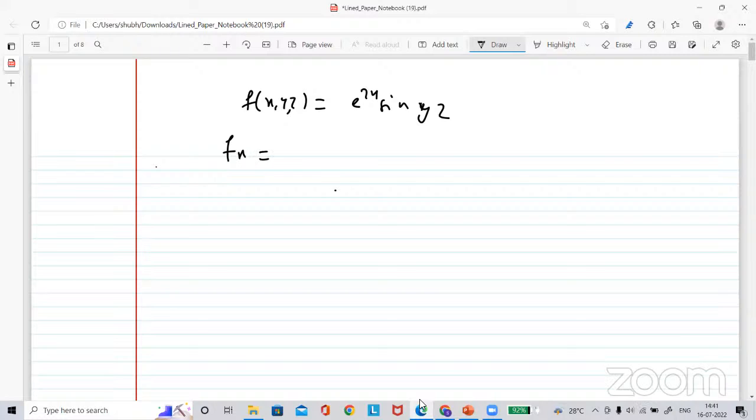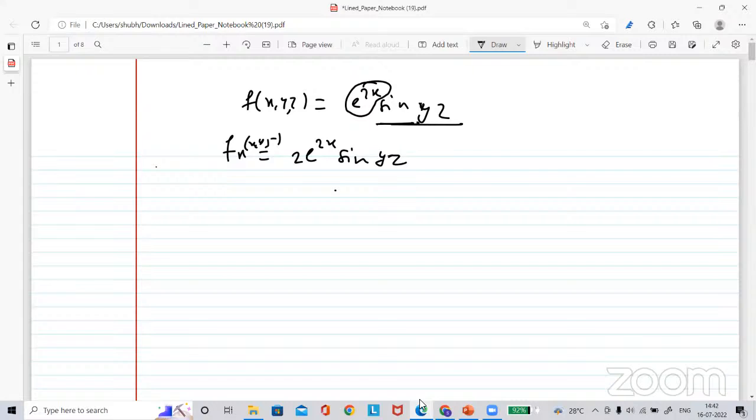With respect to x means assuming yz as a constant, then what would it be? It would be 2 times 2, e^(2x) sin(yz), because only e^(2x) needs to be differentiated. The sin(yz) works as a constant.